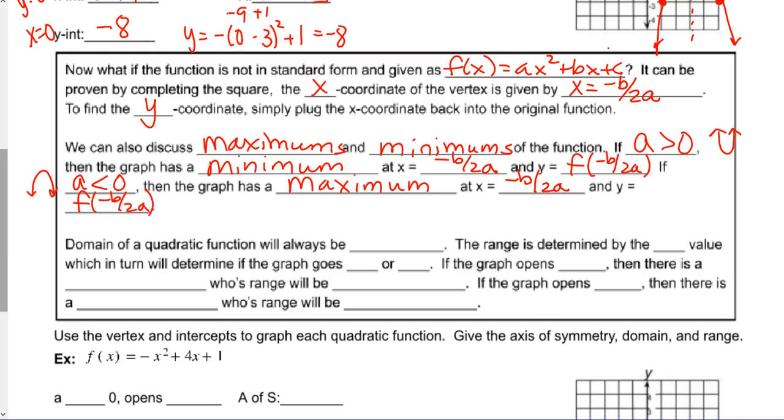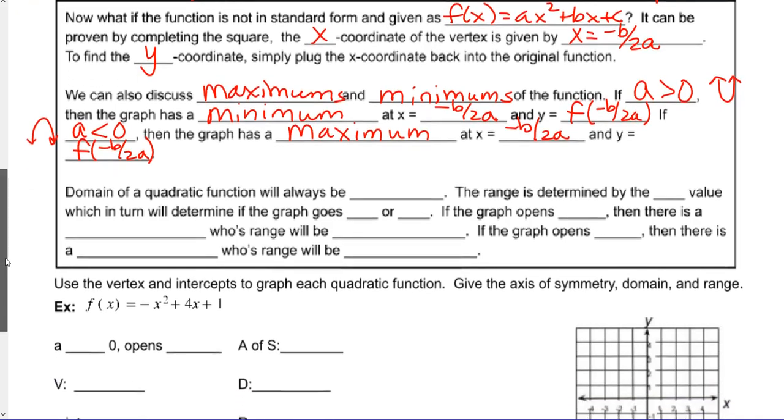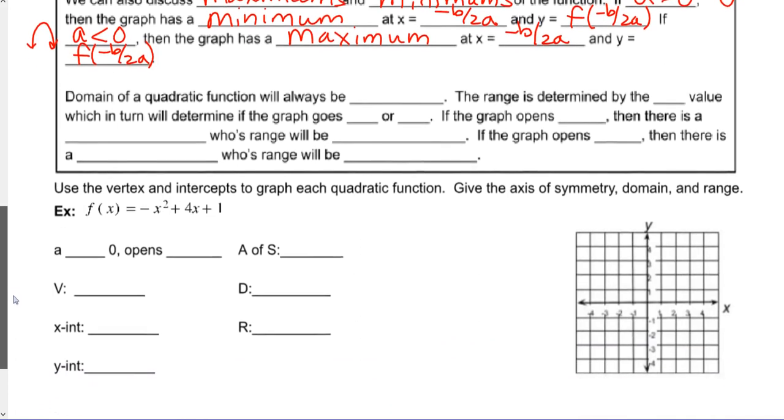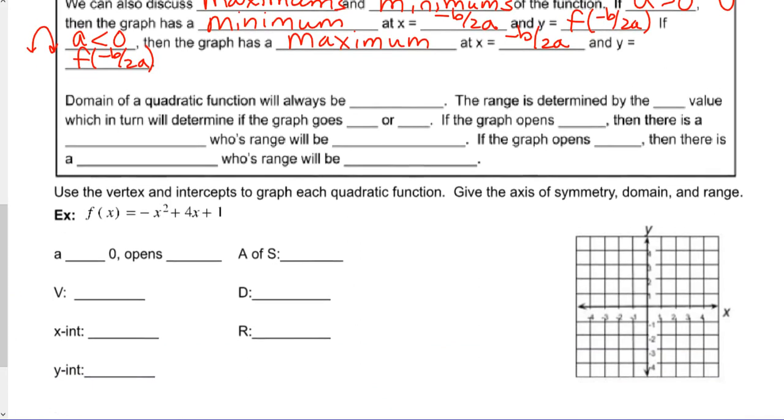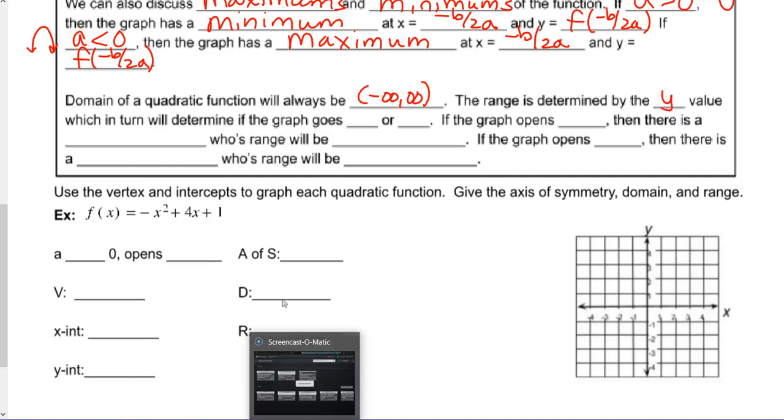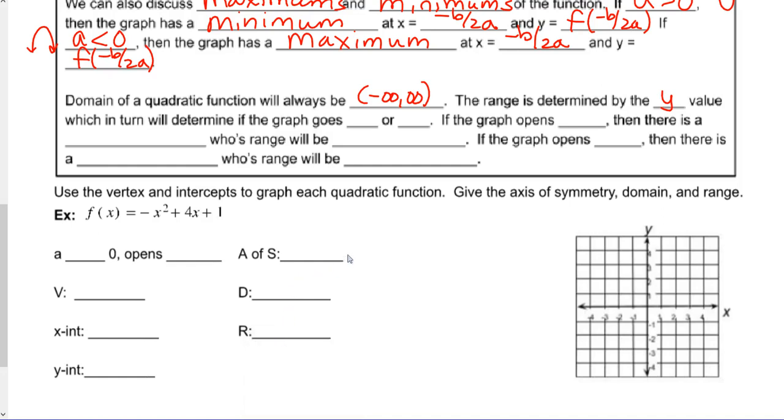Okay, so I know that looks like a lot, but remember that x equaling negative b over 2a is very, very important. Now, the domain of a quadratic function, we've said it 4 times in the problems above, is always going to be all real numbers. The range is determined by the y value, which in turn will determine if the graph goes up or down.